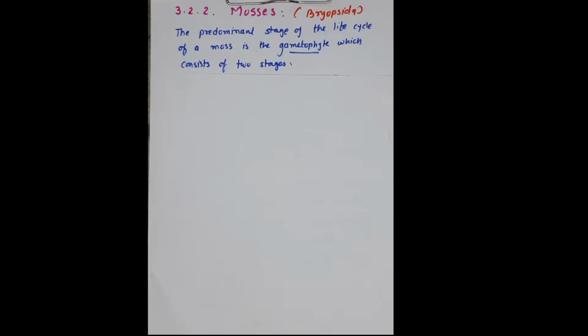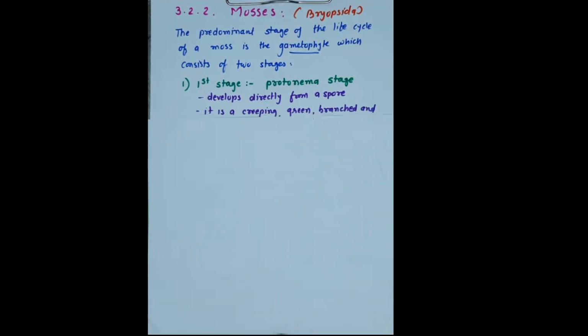So in bryophytes, as we know, the gametophytic phase is the main one, and it is autotrophic, as it prepares its food by itself. That gametophytic phase here consists of two stages.